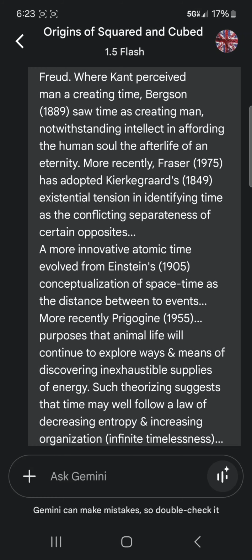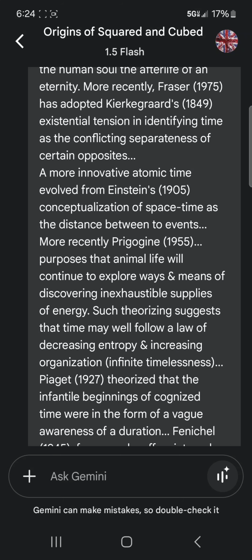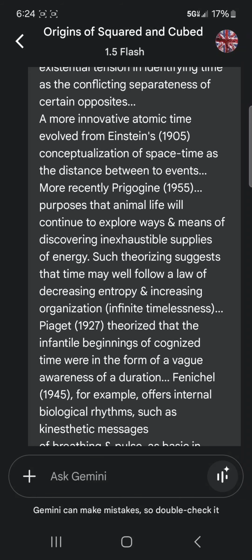More recently, Fraser, 1975, has adopted Kierkegaard's 1849 existential tension in identifying time as the conflicting separateness of certain opposites. A more innovative atomic time evolved from Einstein's, 1905, conceptualization of space-time as the distance between two events.